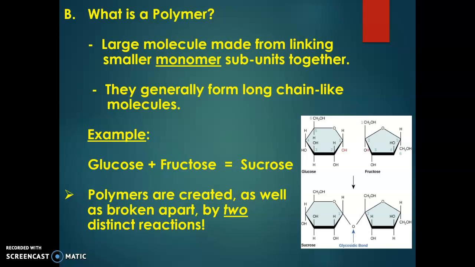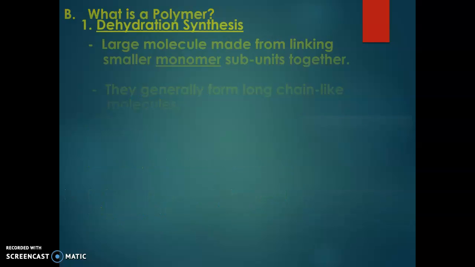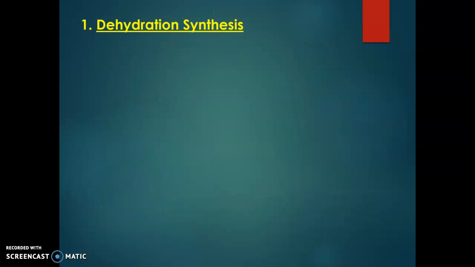We can build them or break them down based on two distinct types of reactions. The first type of reaction we're going to refer to as dehydration synthesis. When you hear the word dehydration, you should immediately think about needing water, being really thirsty, right? You've been sweating profusely, losing water through perspiration, and now you are low in water.